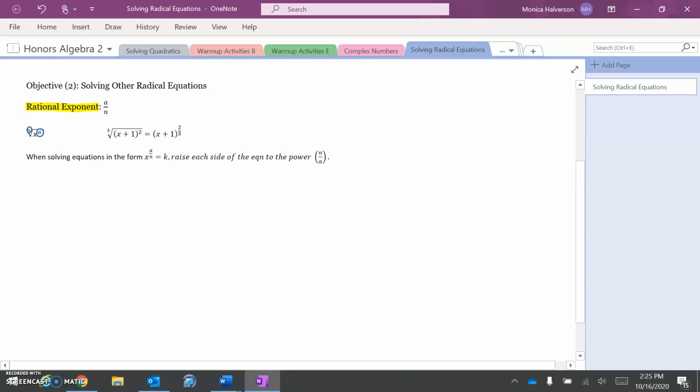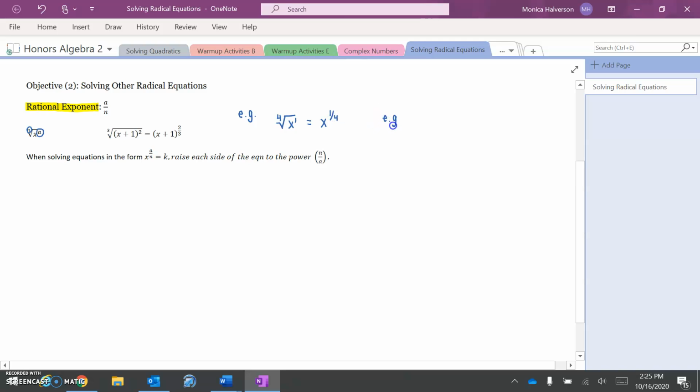So for example, the third root of x plus 1 squared can be rewritten as x plus 1 to the 2/3. Okay? Or if you had the fourth root of x, which means that there's an exponent of 1, you could rewrite this as x to the 1/4.